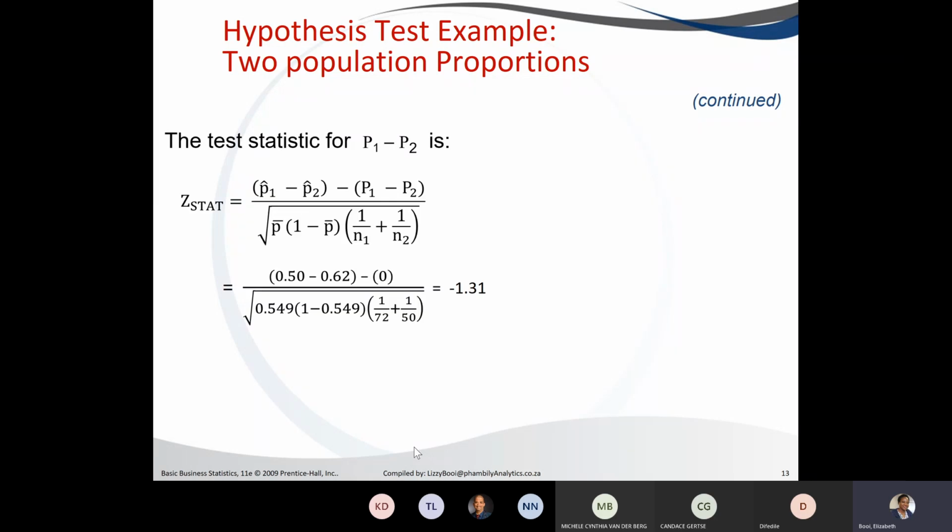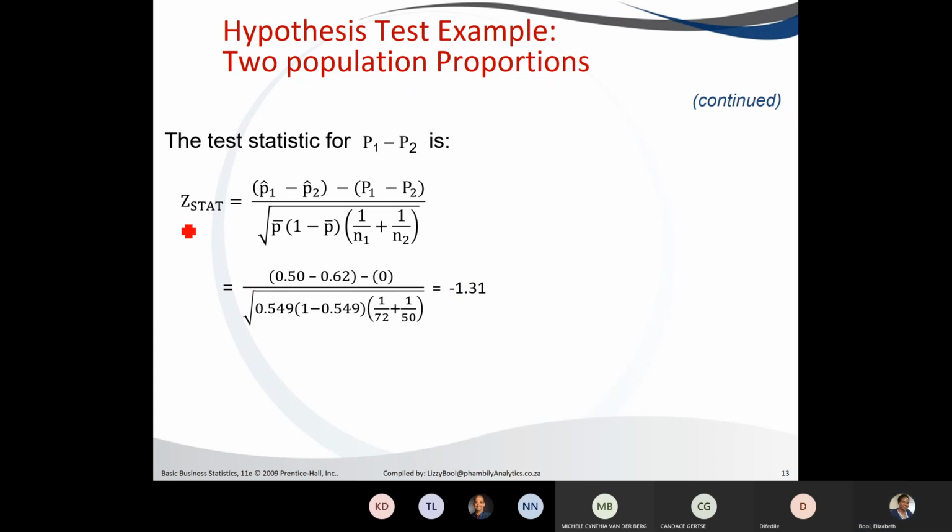So calculating the test statistic, the formula is our difference in sample proportions minus the difference of the population proportions, divided by the standard error, which is the square root of your pooled estimate times 1 minus the pooled estimate times 1 divided by n1 plus 1 divided by n2.